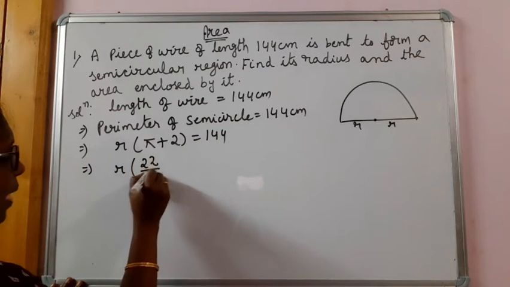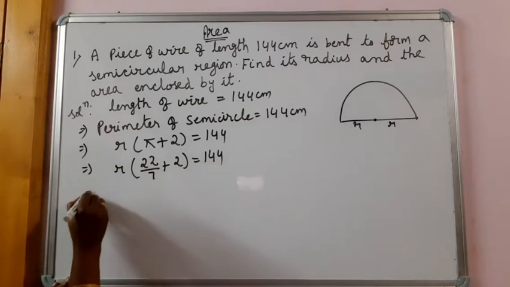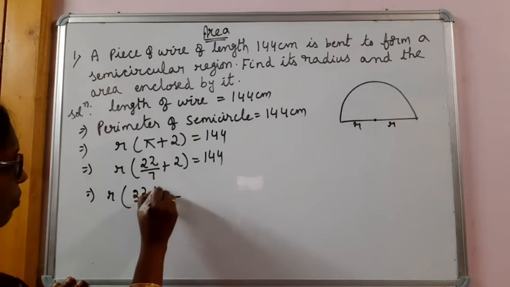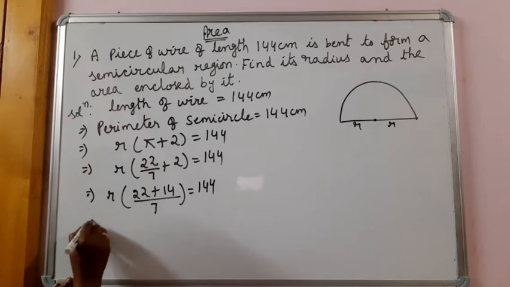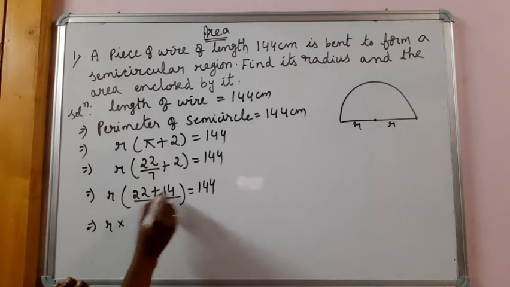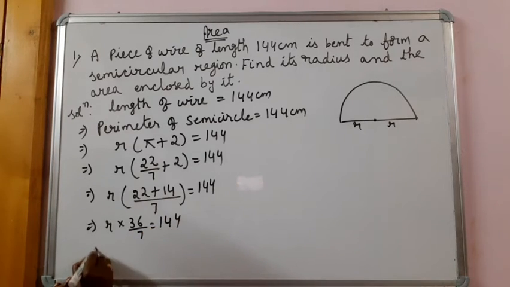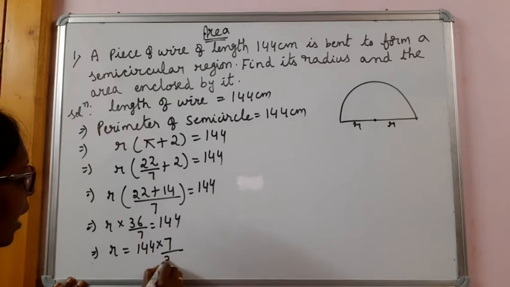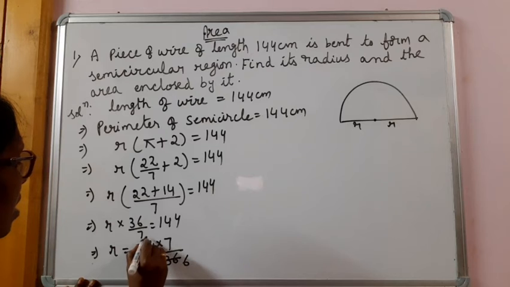The value of pi is 22 by 7. So r into 22 by 7 plus 2 is 144, or r into (22 plus 14) by 7 is equal to 144, or r into 36 by 7 is equal to 144, or r is equal to 144 into 7 by 36. 6 6s are 36, 6 2s are 12, 6 4s are 24.